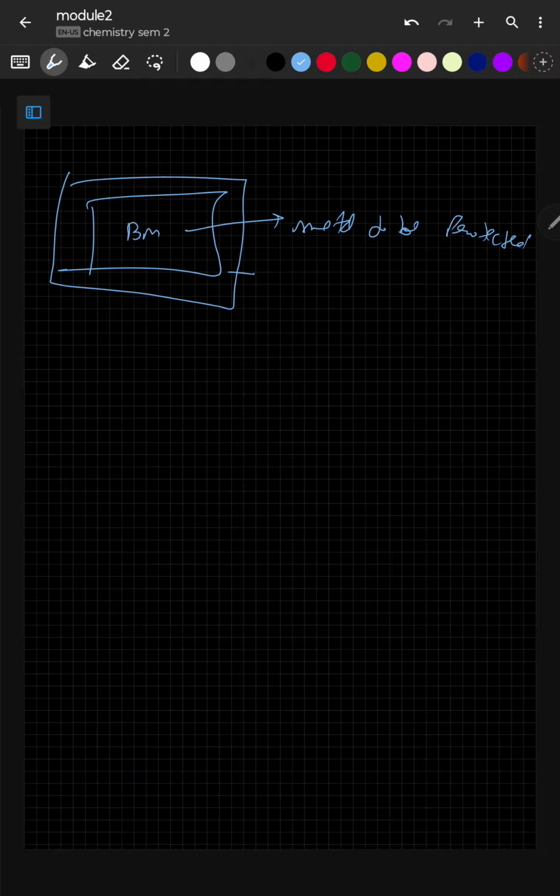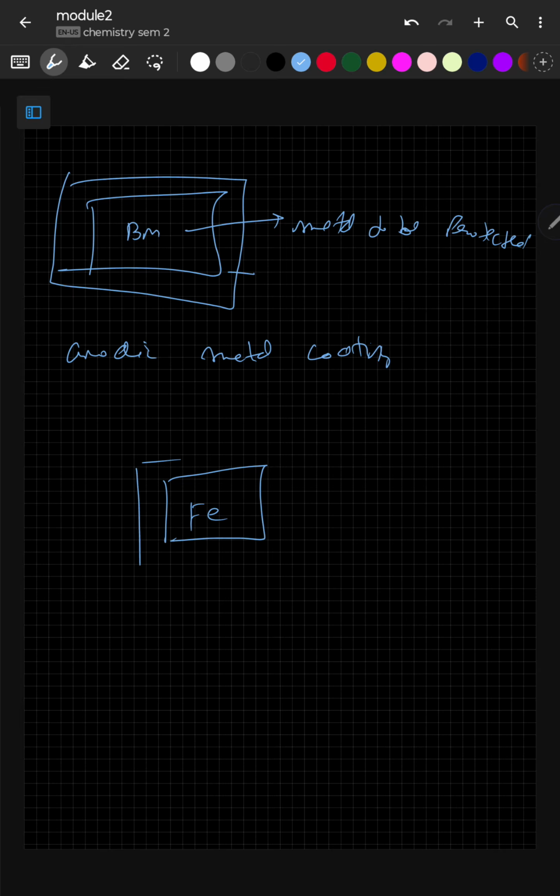Anodic coating is done with galvanization. So let me tell you what is happening in the anodic method of coating. We have taken a base metal, iron, and we are coating it with an anode. Now we know what is going to happen. This is going to be a more reactive metal. Anode in the sense, we are going to coat it with zinc in this case. An anodic metal coating example is galvanization.